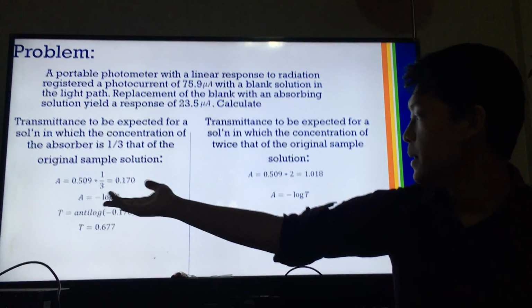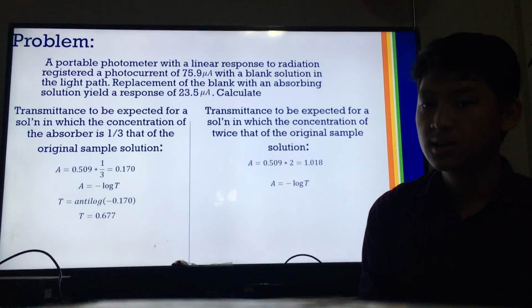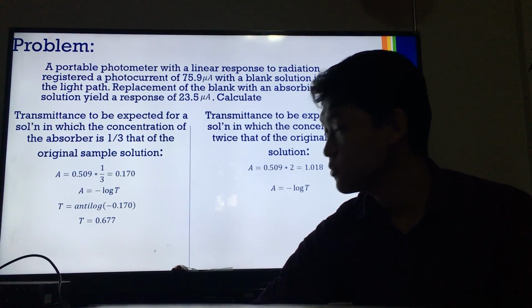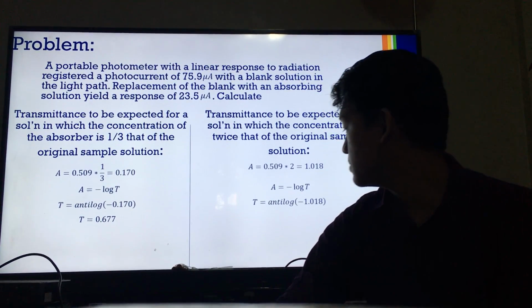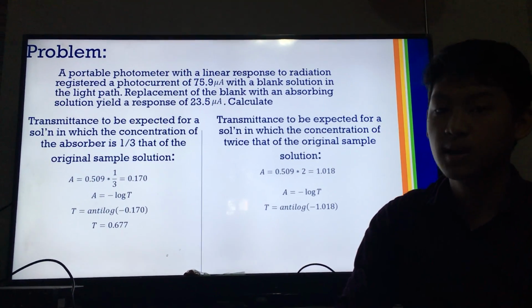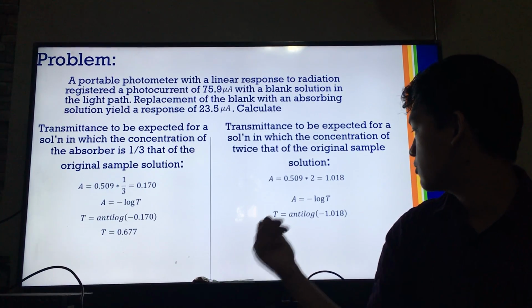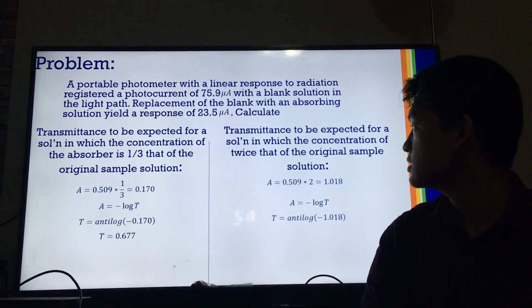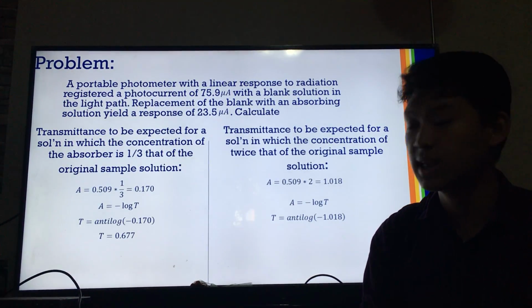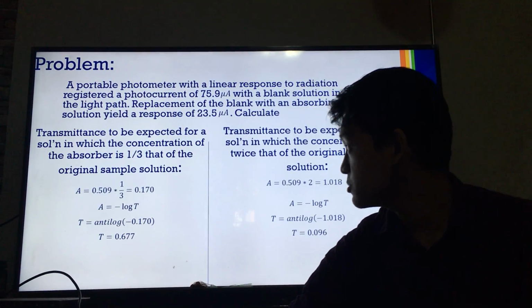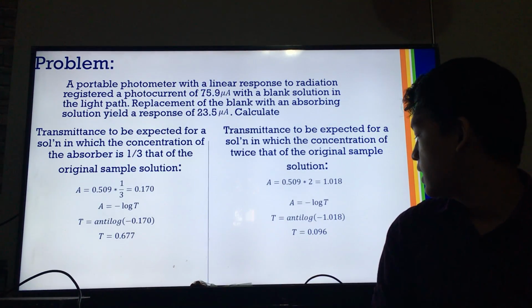And using the best formula to obtain T, we will just be taking the anti-log of the negative value of the absorbance that we have computed for the expected solution, which is 1.018. So the transmittance for this one would be 0.096.